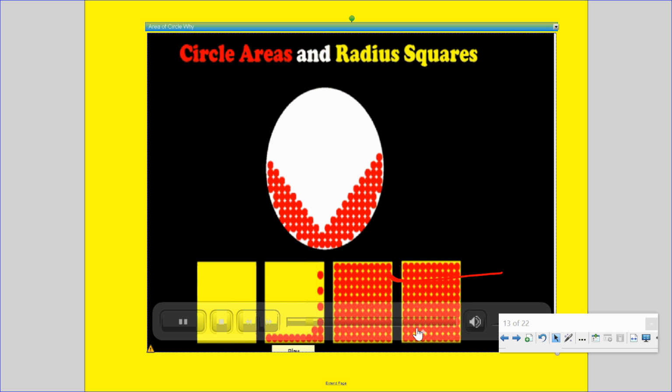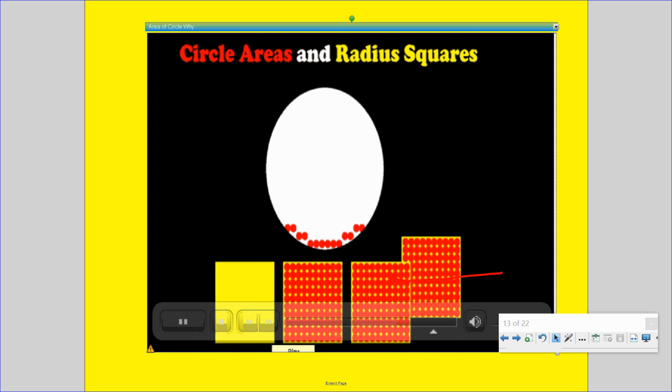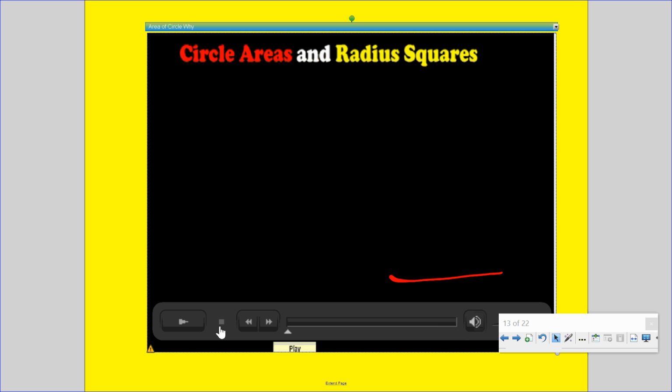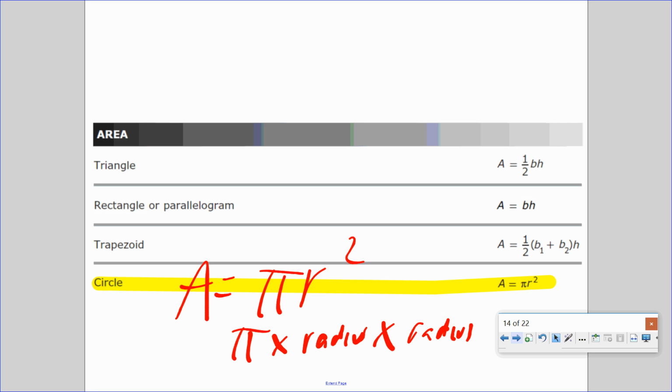One, 2, 3, and 0.14. Stop right here. So it's 3.14. So 3.14 times radius squared is the area formula of a circle.